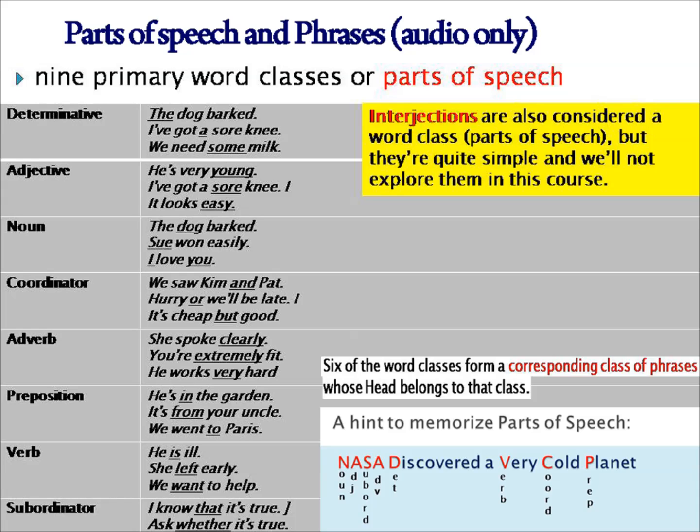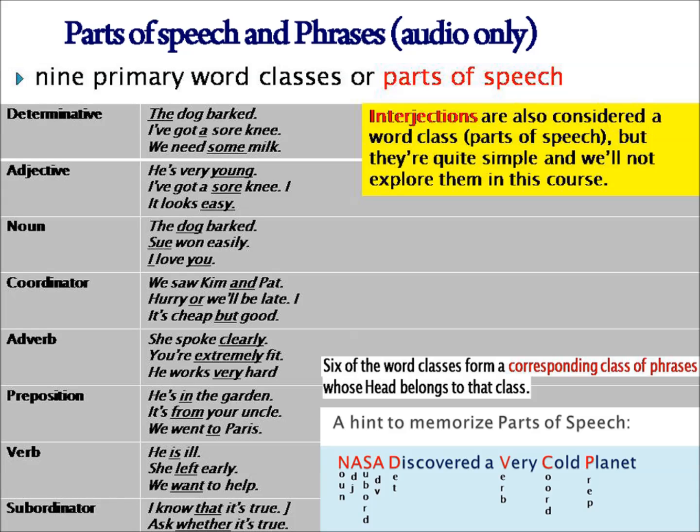Some of the grammars call it modifiers. So the idea of backpack is modified by the adjective that refers to the color. Now we are going to talk about adjectives as a different category.